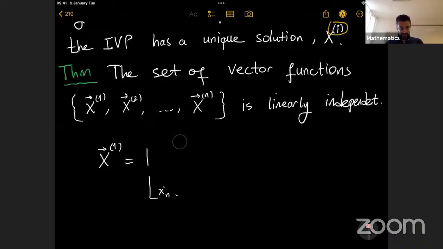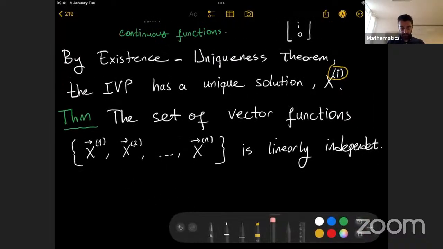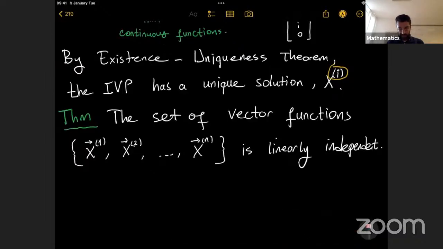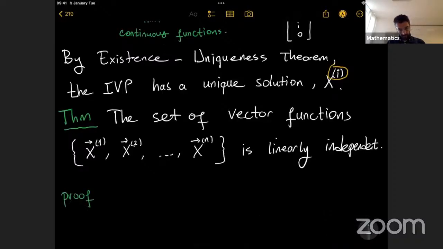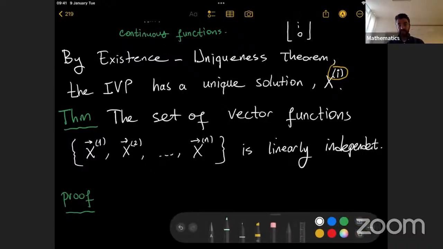All right, let's show this result. This set of vectors is linearly independent. The proof is simple. It follows from the existence and uniqueness theorem. We will show that this set is linearly independent.